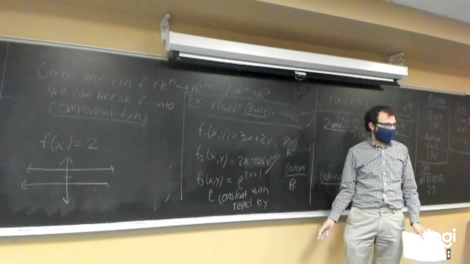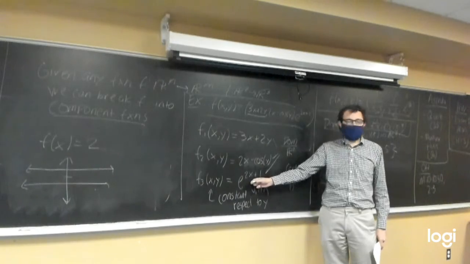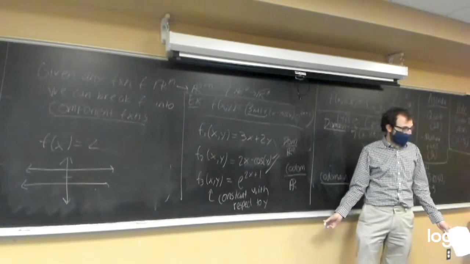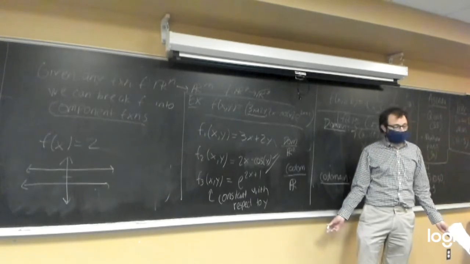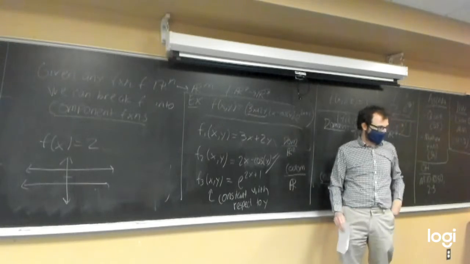There is some way in which you could say this behaves very similarly to the function f of x equals e to the 2x plus 1, but they're not exactly the same function because one's going to be a three-dimensional function and one's going to be a two-dimensional function.